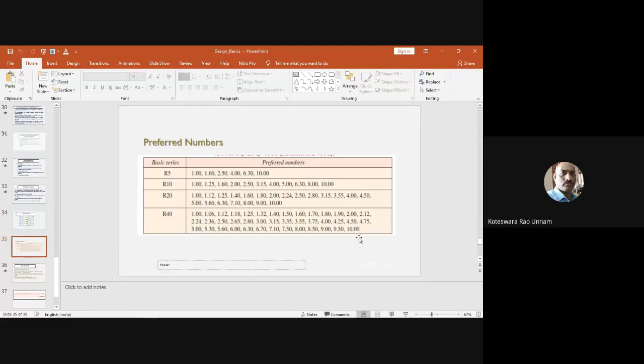Now suppose I want to select a size which is beyond 10, then what do I have to do? These basic series provide a maximum size of only 10, but I want to design a component whose size is more than 10. That is not available in these preferred numbers. So then I need to go for derived series.